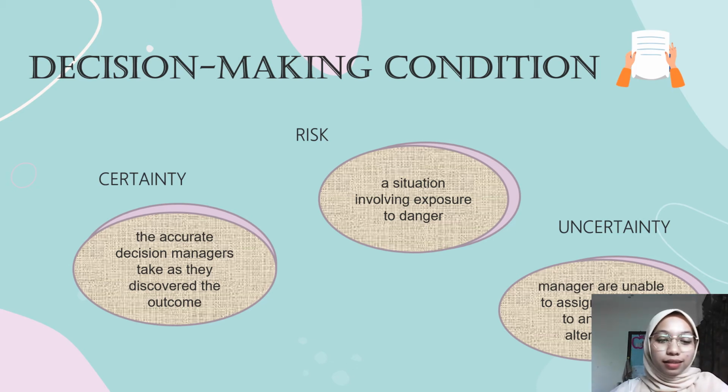Next, uncertainty exists in decision-making when the probabilities of the various results are not known, so the managers are unable to assign estimates to any of the alternatives. In addition, we must gather as much information as we can toward the alternatives, presuming that risk is a must in decision-making, and assign the probability accordingly.